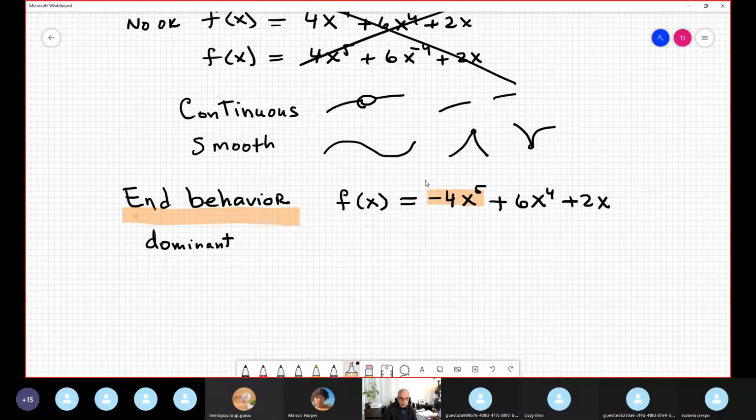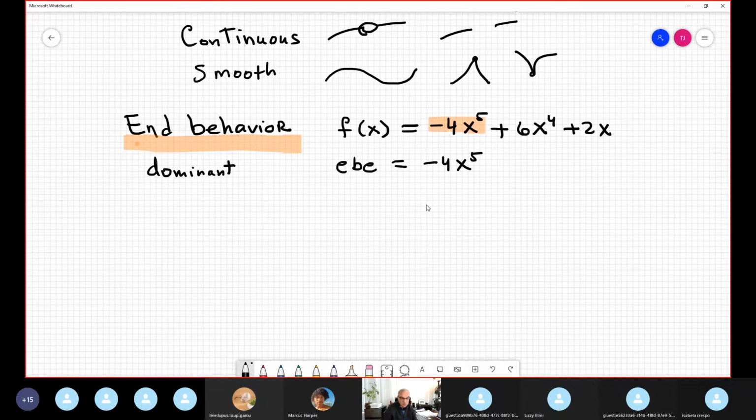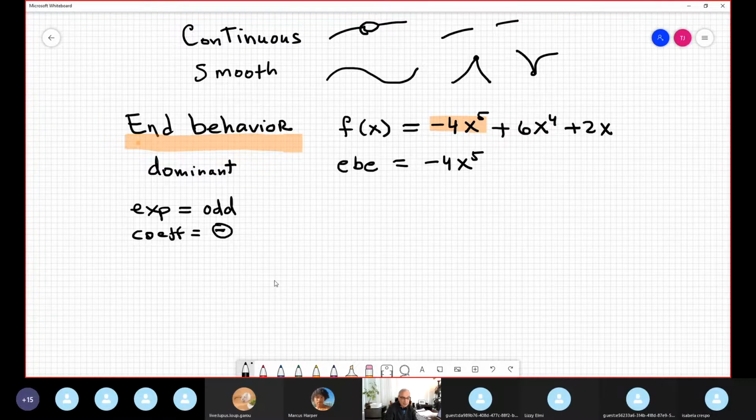So the end behavior expression is negative 4x to the 5th power. So one way to visualize this is, look, in this case the exponent is an odd number, and the coefficient, the number in front, is negative. And when this situation happens, the graph looks like that.